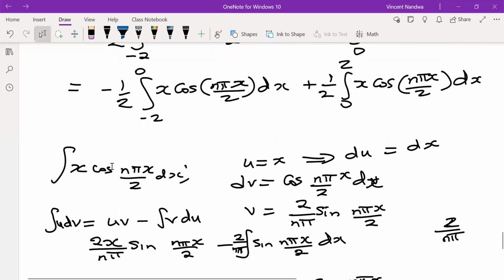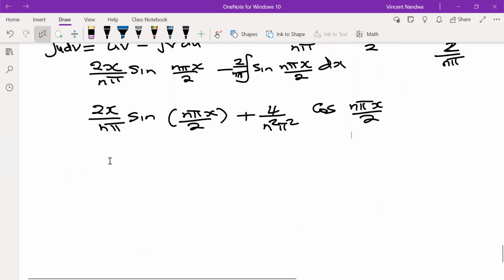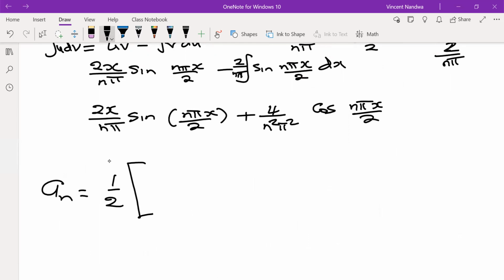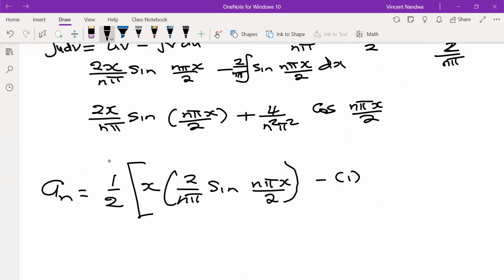So from this point, you can actually just factor out a half, and we'll have a half into x times 2 over n pi sine of n pi x divided by 2, and then minus 1 times minus 4 over n squared pi squared cosine of n pi x over 2, or in fact just write positive, which we have found at this point here.